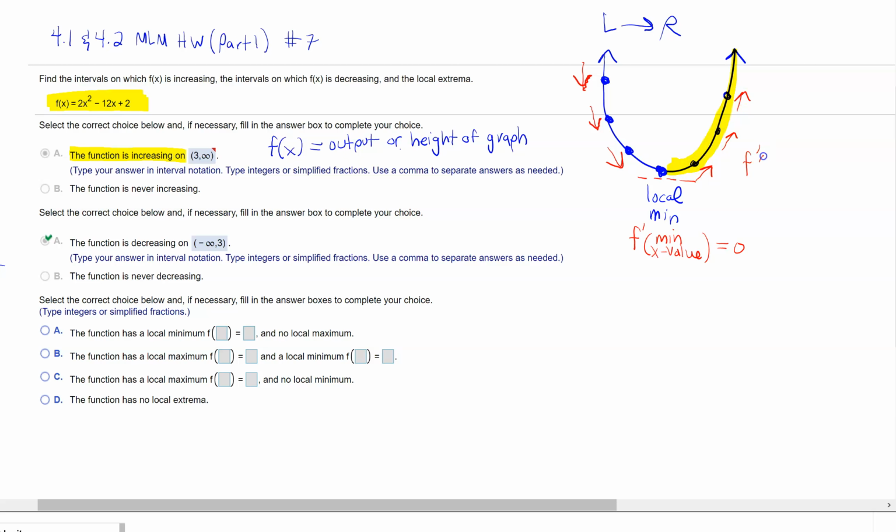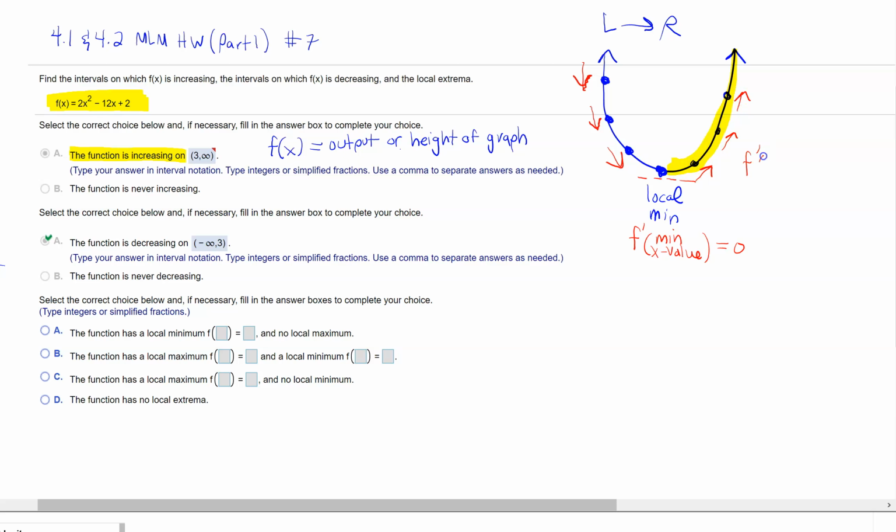So I know it's happening when x equals 3, but to actually find the local min, I have to plug 3 back into that original function, because remember, the original function gives you all the points on the graph. When I do that, I get an output of -16. So when x equals 3, the output is -16, and that's going to be the local minimum value of that function.